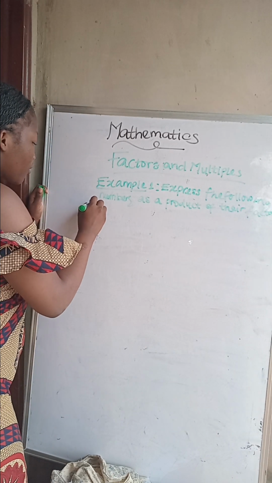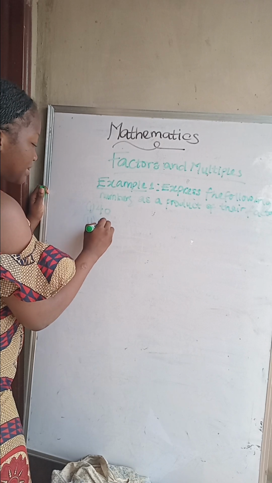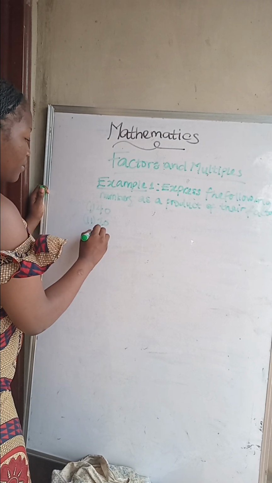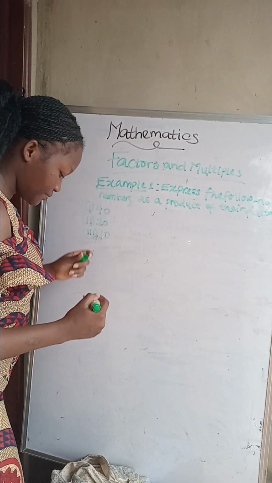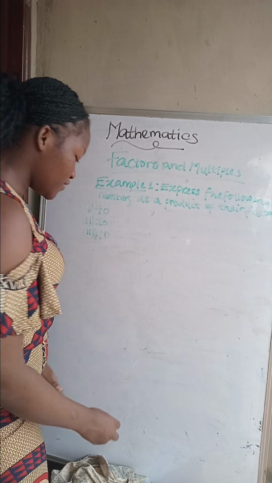So number 1, we have 40. We have 20. And we have 10. So now the question is, express the following as a product of their factors.